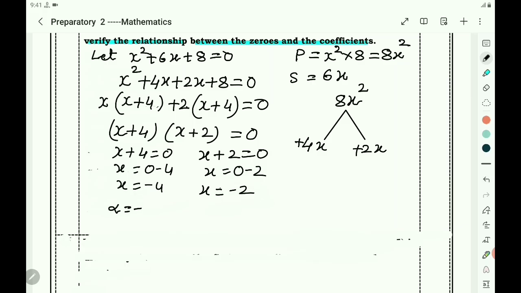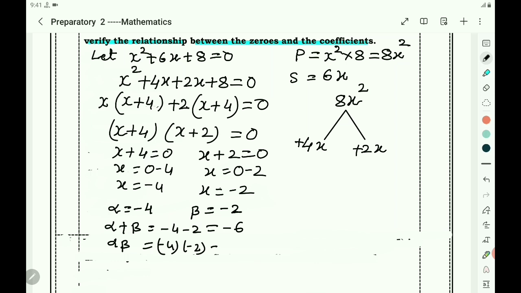Alpha is equal to minus 4 and beta is equal to minus 2. Sum of the zeros, alpha plus beta equals minus 4 minus 2, which is equal to minus 6. Alpha beta is equal to minus 4 into minus 2, which is equal to 8.